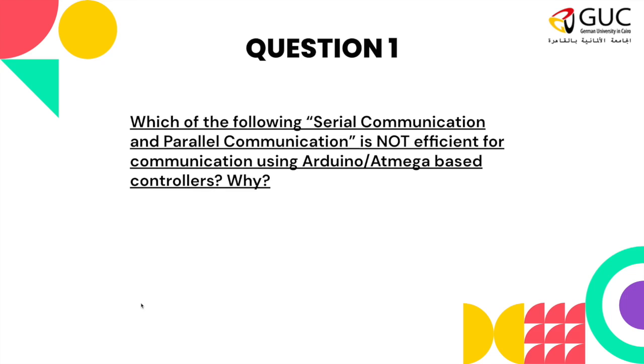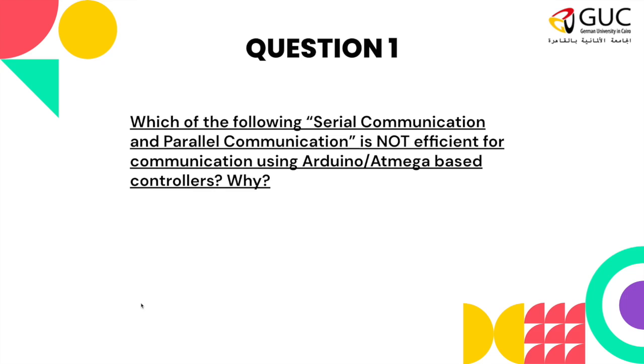Which of these two is not efficient as a communication bus to be used on Arduino boards or Atmega microcontrollers? The serial communication sends data bit by bit, whereas the parallel communication sends the data all at a time. In serial communication, we need one line or one wire to send the data bit by bit. In parallel communication, I need multiple lines or wires to send the data all at a time.